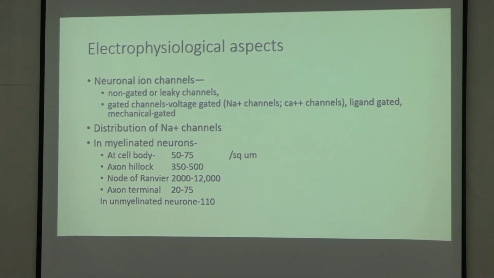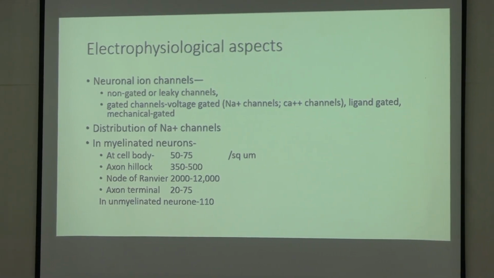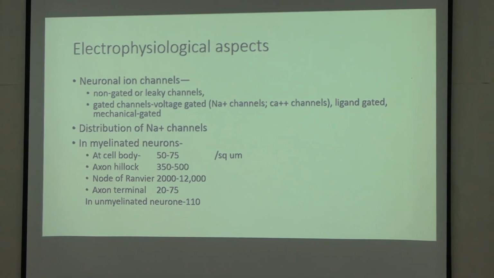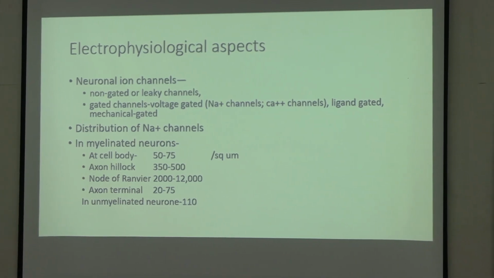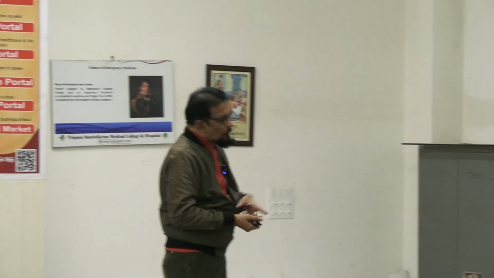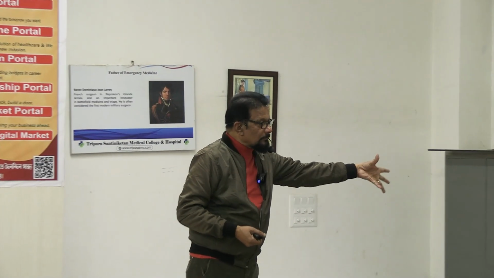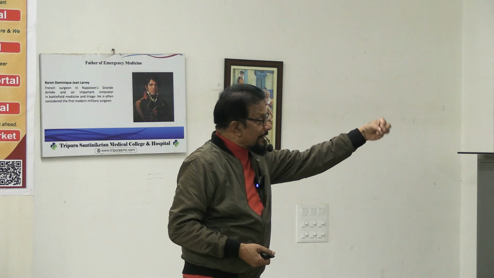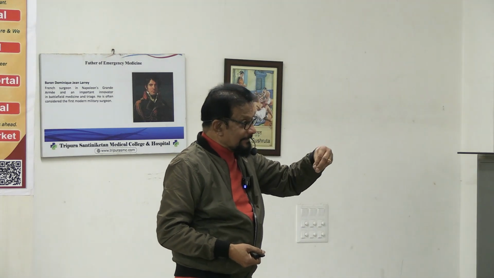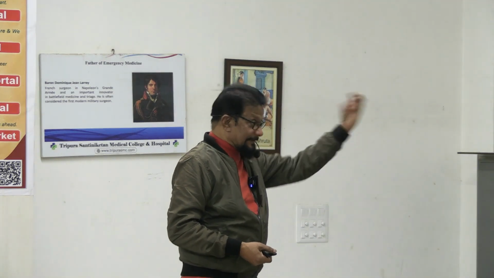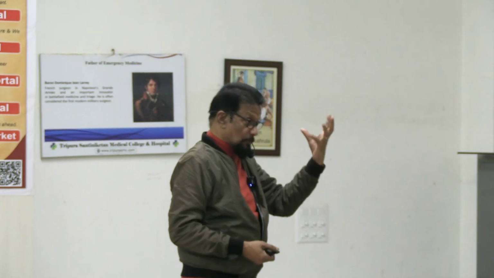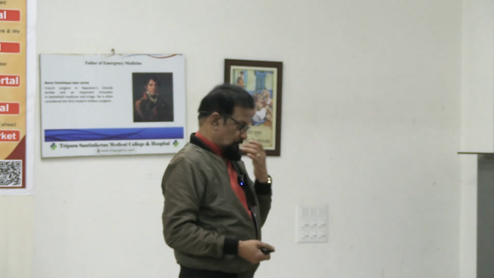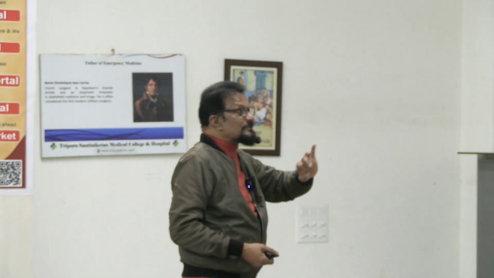They don't require any carrier, any energy. So these leaky channels number is less. So small amount of potassium can go out, small amount of chloride can enter. Small amount of calcium can enter from outside to inside.